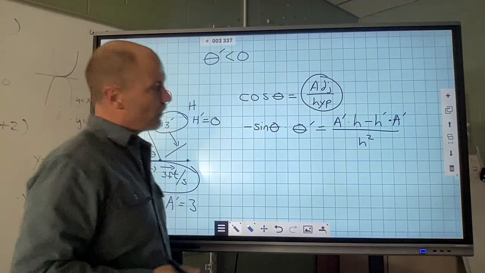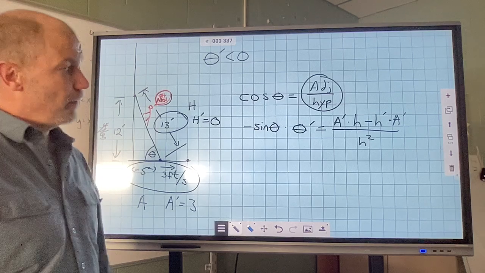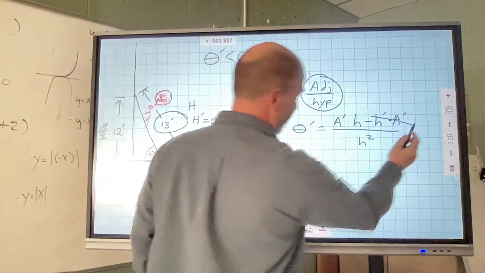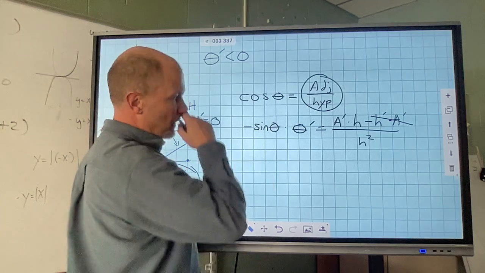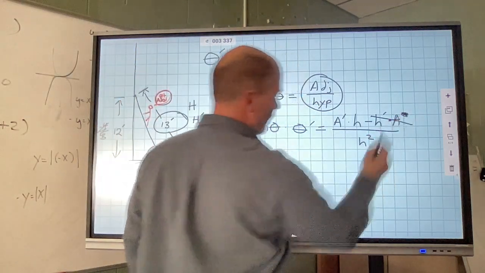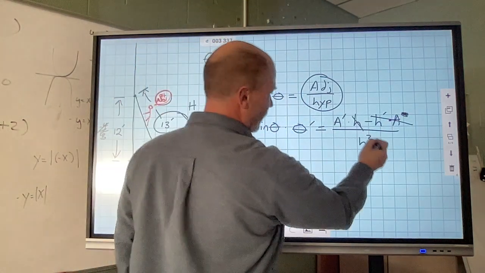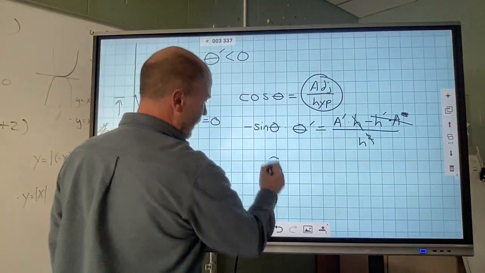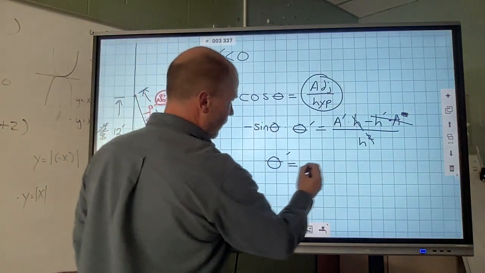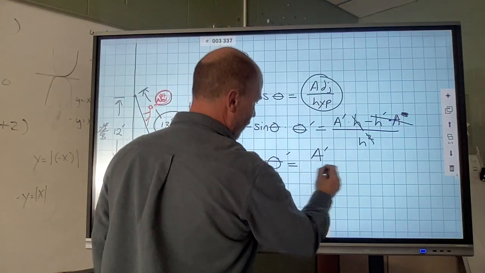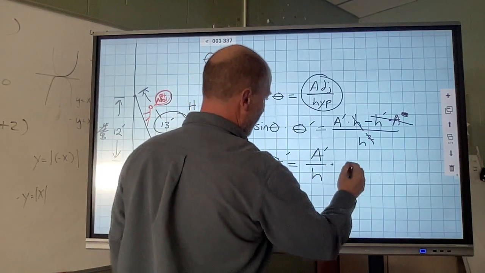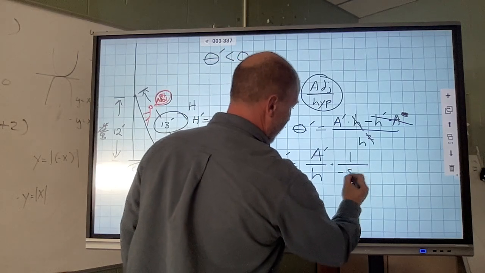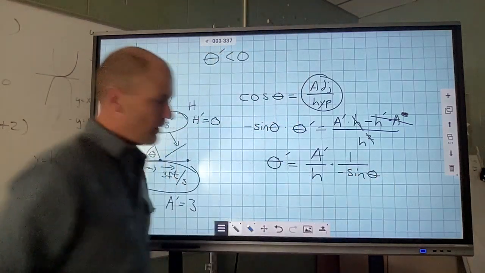But notice that the hypotenuse derivative is 0, so that's going away. And then I can cancel this with that. So we end up getting theta prime equals A prime over H times 1 over negative sine theta.